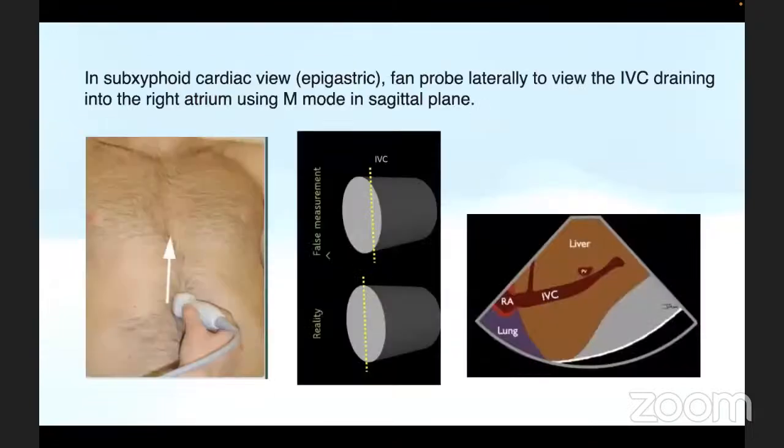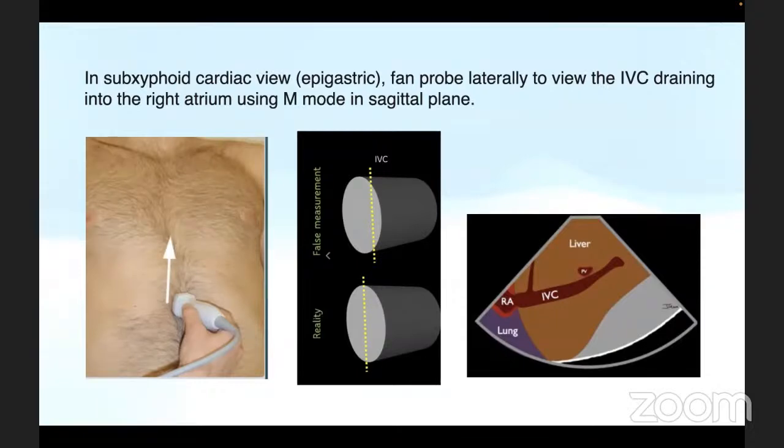Now, how will you perform ultrasound to know the size of the IVC? In a subxiphoid cardiac view, at the level of the epigastrium, place your probe keeping the pointer towards the sternum, and slowly fan the probe laterally to view the IVC draining into the right atrium, using M mode in a sagittal plane.